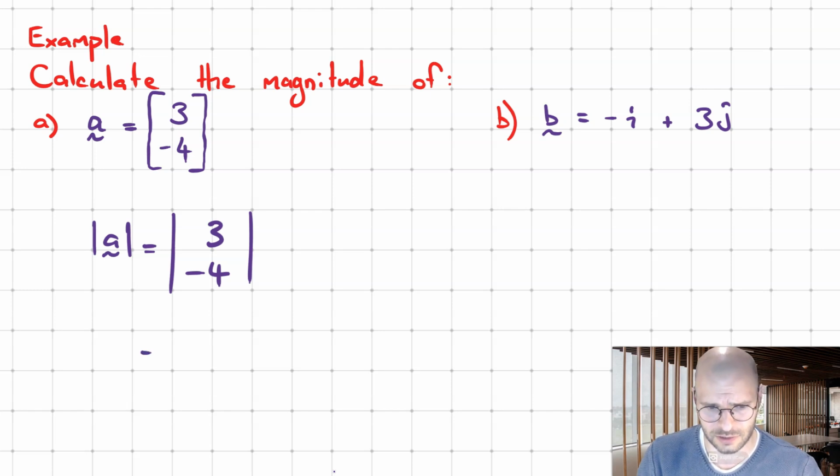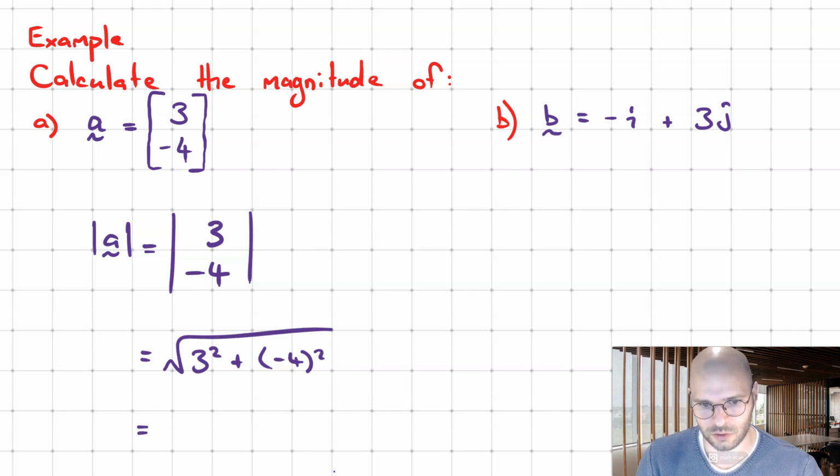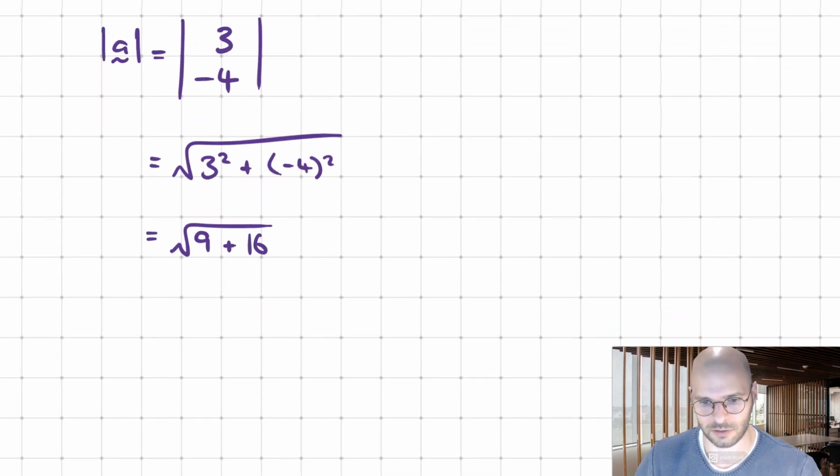Next, we can convert this directly into Pythagoras' theorem. So I get 3 squared plus minus 4 all squared, and it's all square rooted. Doing the calculation, I get 9 plus 16 all square rooted. Notice that the negative went away. Then we're going to get 25 square rooted, and then we're going to get 5.